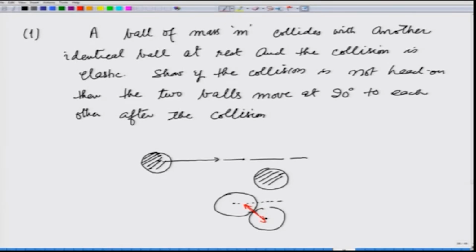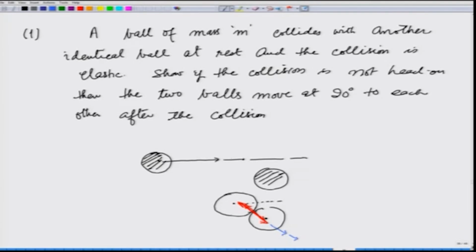The impact that the two balls have, the forces generated or the impulse generated, is going to be perpendicular to their common surface at the point, and therefore, it is going to be in the direction like this, perpendicular. Since ball 2 was initially at rest, it is going to move exactly in the direction of the force.